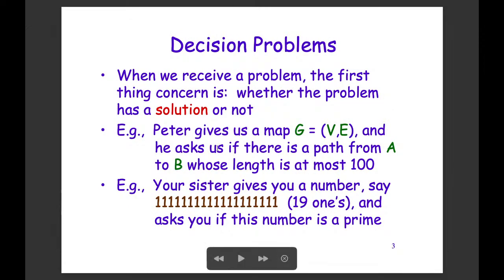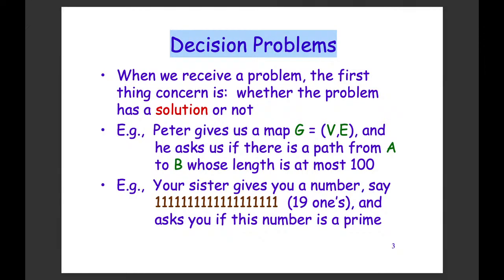Okay, so first of all, we have the concept of a decision problem. So in a decision problem, our concern is whether the problem has a solution or not. So the answer for this kind of problem is either a yes or a no. So let's take a look at these two examples. So the first one is, say, a certain friend, Peter, gives us a map and then he asks us if there is a path from A to B whose length is at most 100 units.